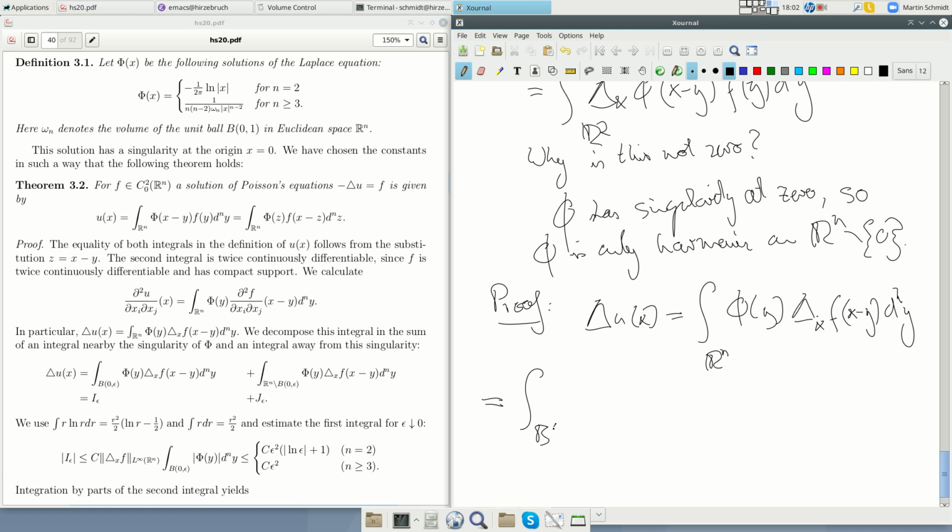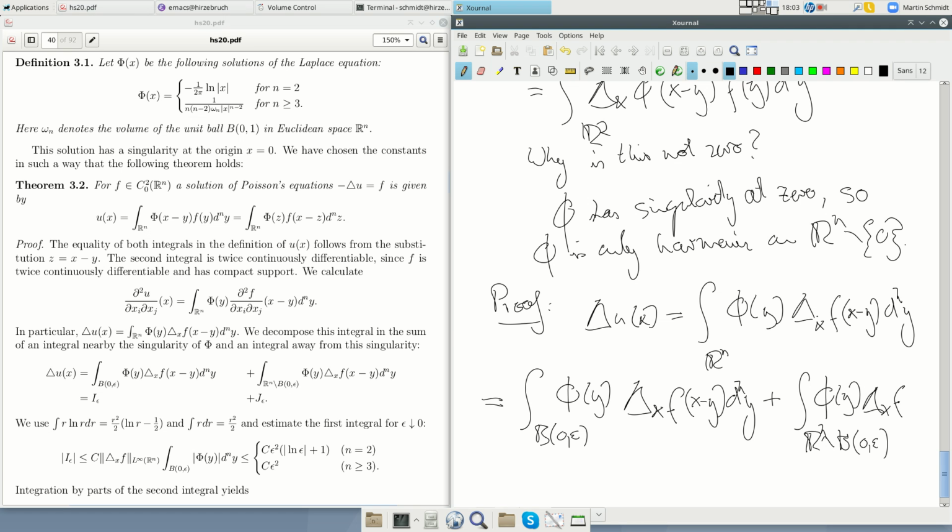So the small ball B0 epsilon, phi of y, because at 0 we have this problem, Laplacian in x of f of x minus y dy, plus the integral over Rn minus the ball, the complement, phi of y Laplacian in x of f of x minus y dy.